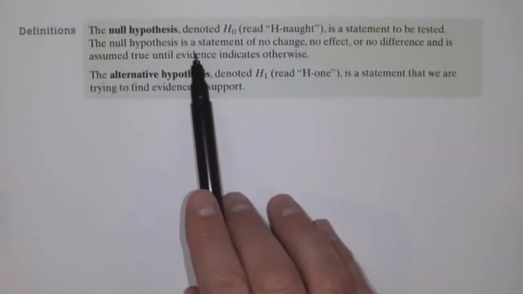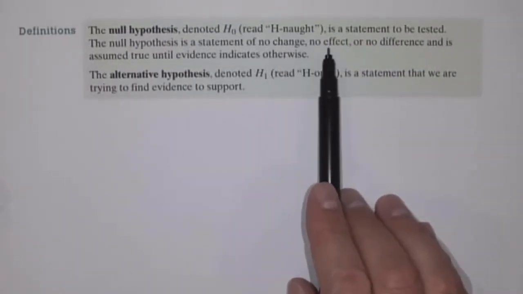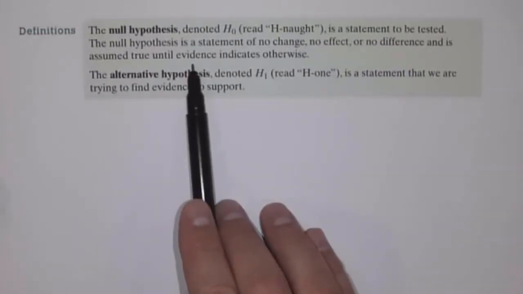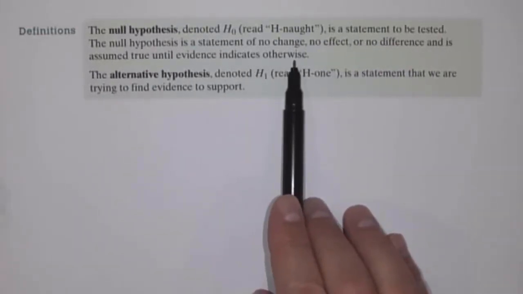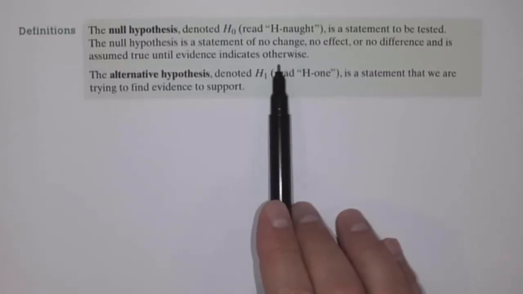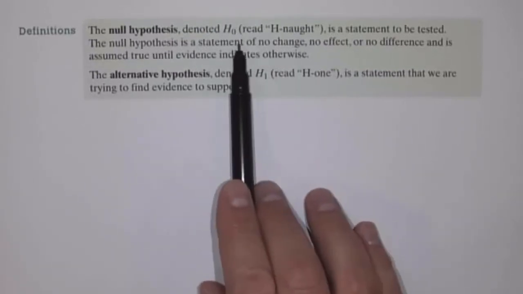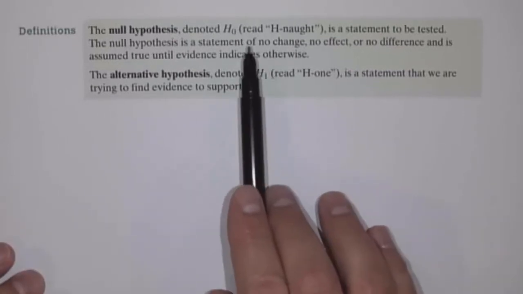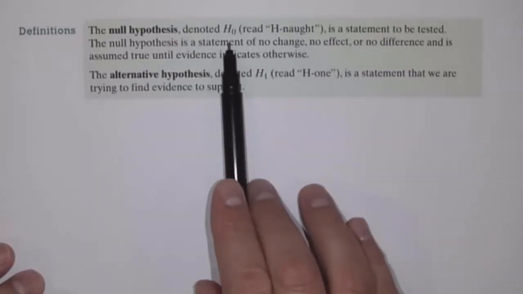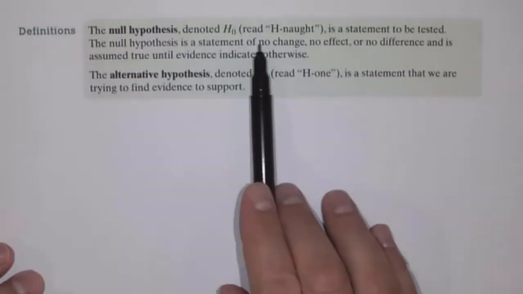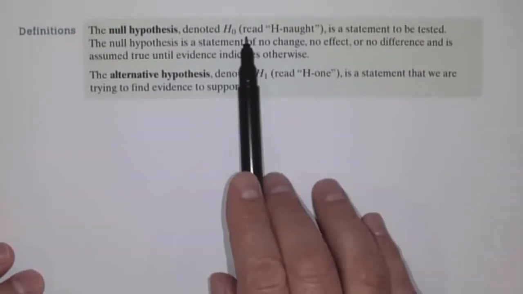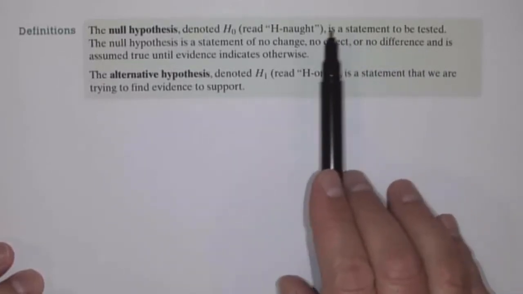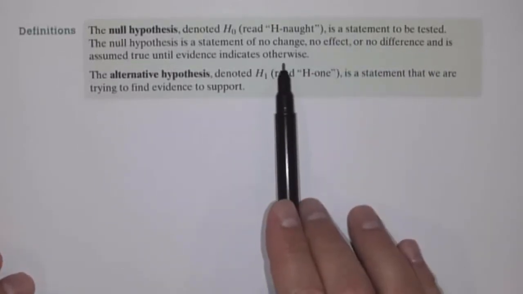The null hypothesis is a statement of no change, no effect, or no difference, and is assumed to be true until evidence indicates otherwise. So for us, that's going to be a statement that a parameter equals a particular value. So again, P equals 3 out of 4, mu equals 12 ounces, or something similar to that. So we're assuming that that's true until our evidence indicates otherwise.